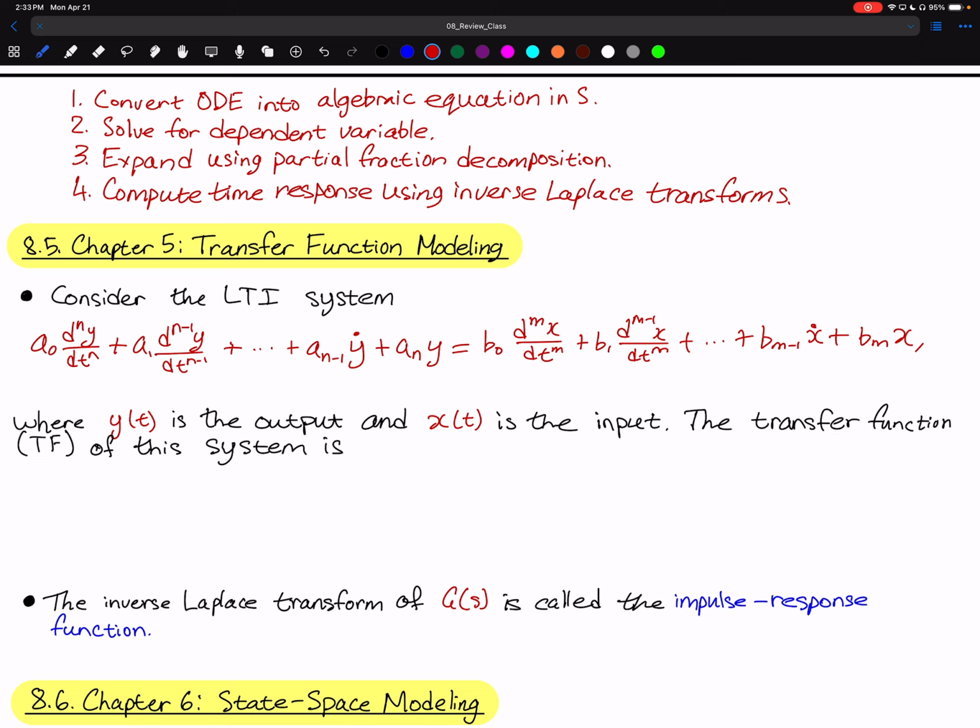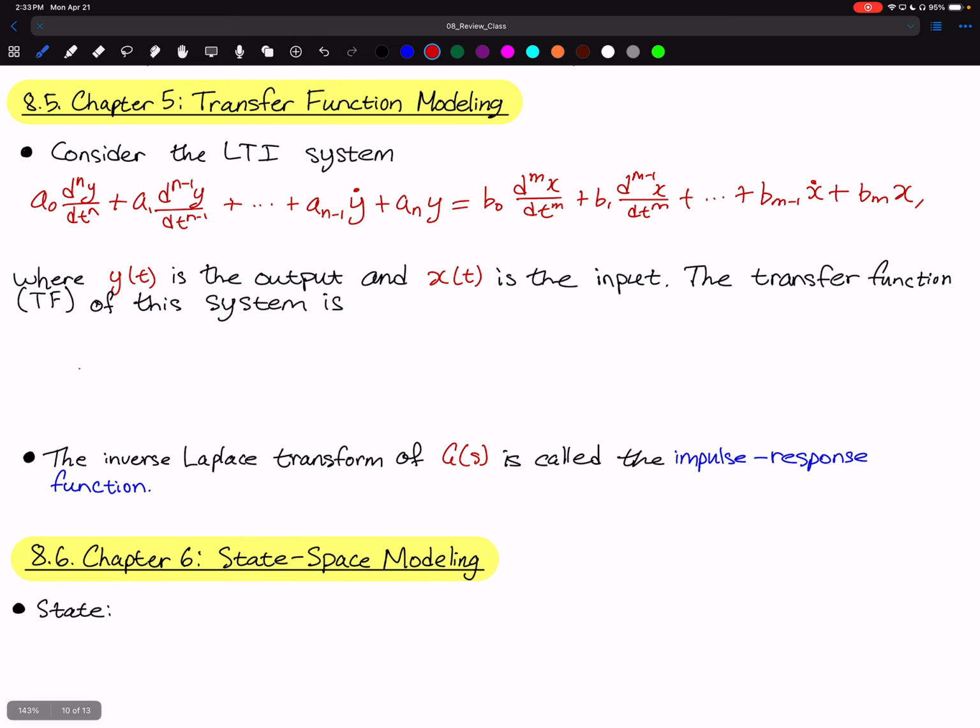From here, we can compute the transfer function, we'll just say TF here, equal to G of s, which is going to be equal to the Laplace transform of y of t divided by the Laplace transform of x of t. We're assuming zero initial conditions.